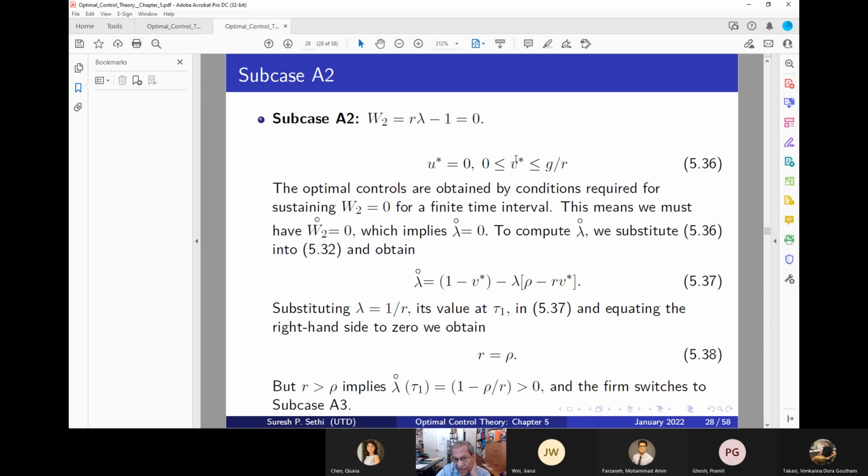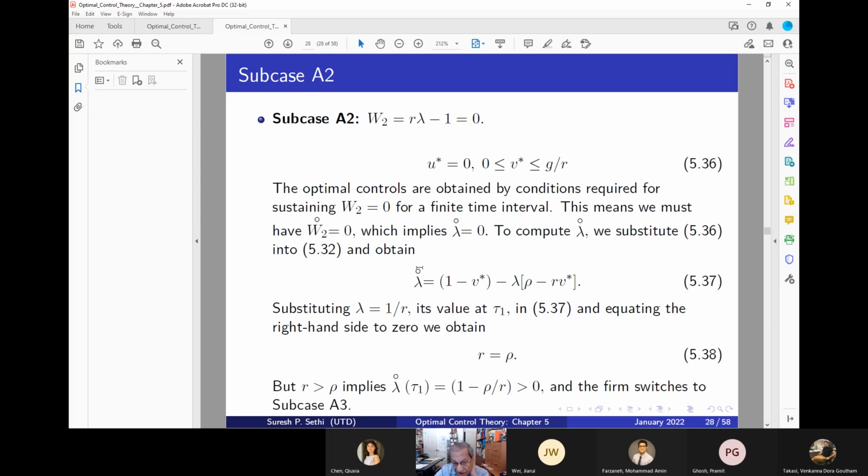Any V star is okay between this and this. So we look at W2 circle equal to 0, which means lambda circle equal to 0, and lambda circle 0 means this equation. You notice now, lambda is 1 divided by r at tau 1.